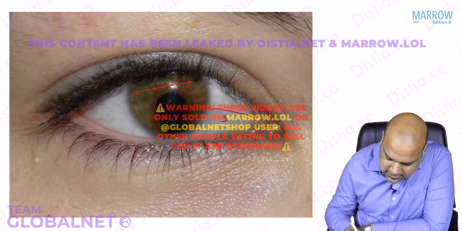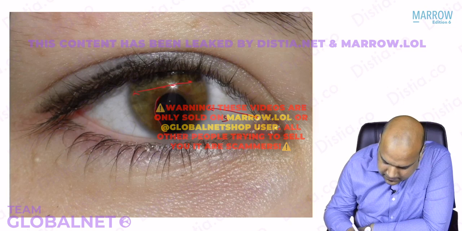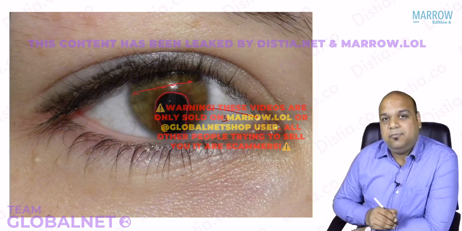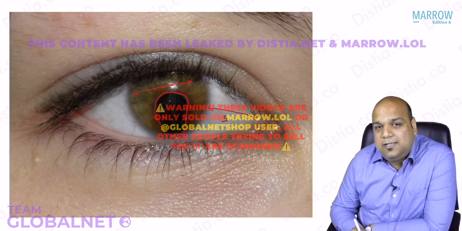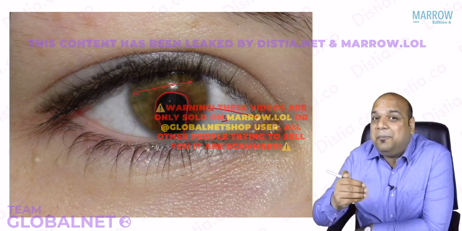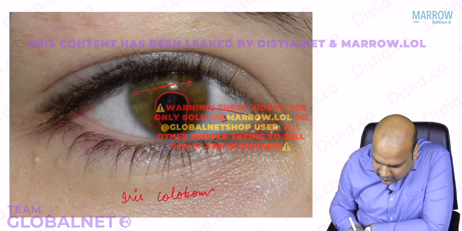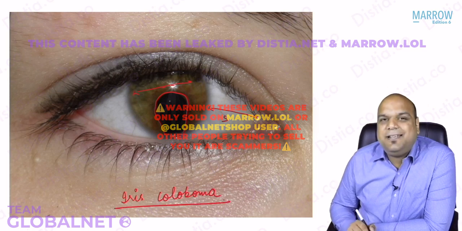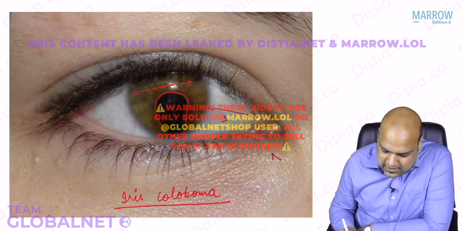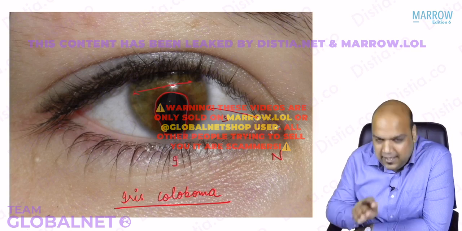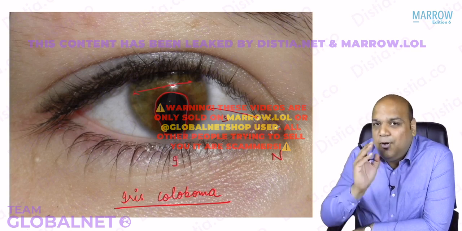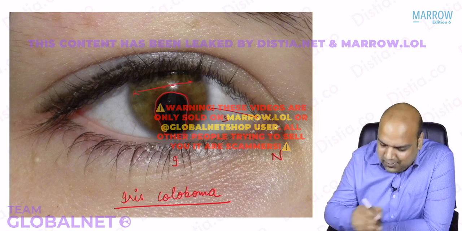Instead, what is the pupil you see? Inferiorly, there is no iris tissue. Because inferiorly there is no iris tissue, that means there is a missing part of the iris, and that is why our diagnosis here is iris coloboma. And as I said, most commonly it is found inferonasally. So you will see this is the nasal side, this is the inferior side, and it is slightly directed inferonasally. Right? I hope we are clear about this.